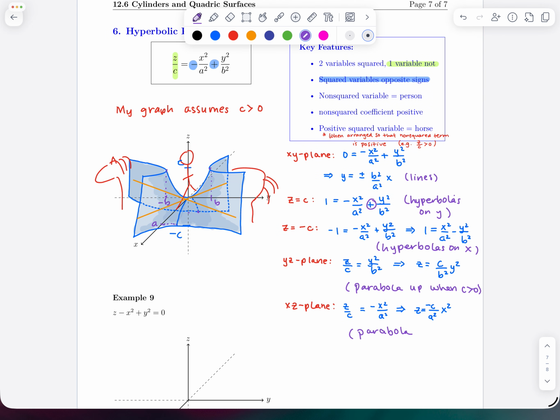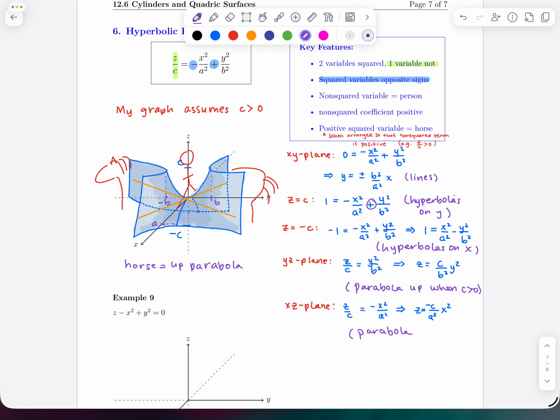So it is important, if you want to make sure you know who's playing the role of the horse, it is generated based on whose parabola is up. So horse equals the up parabola. And if you get confused about how to determine this by memory, what you can do is just kill off one of the squared variables by setting it equal to 0.